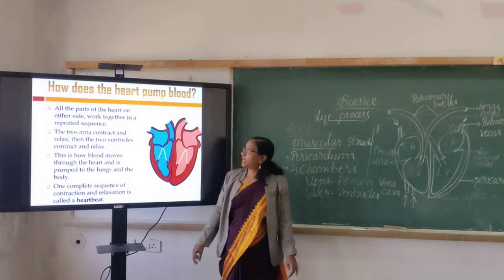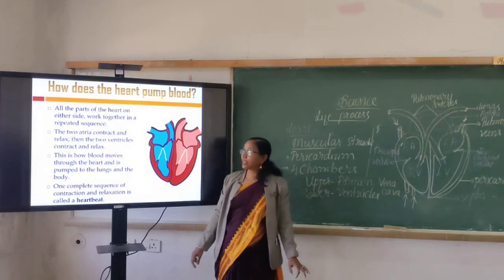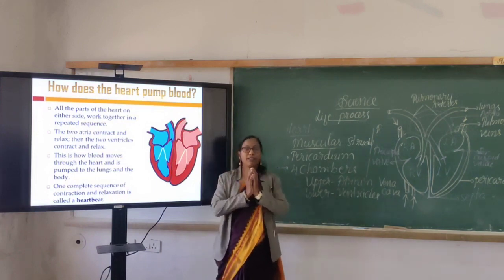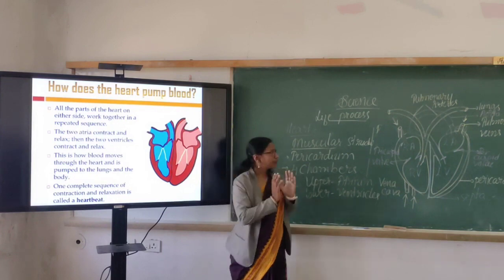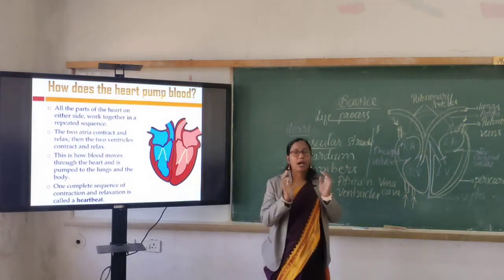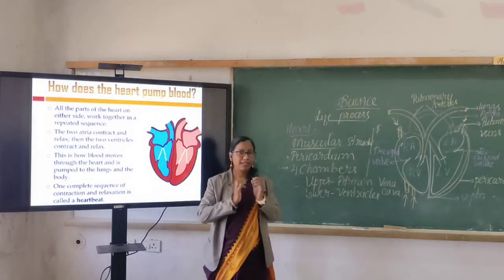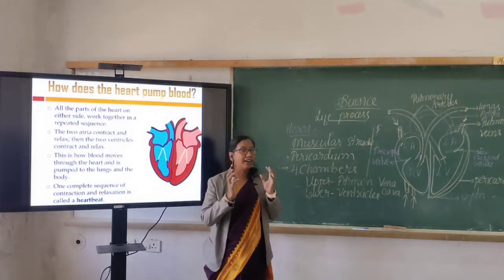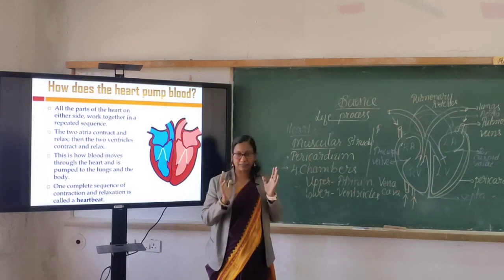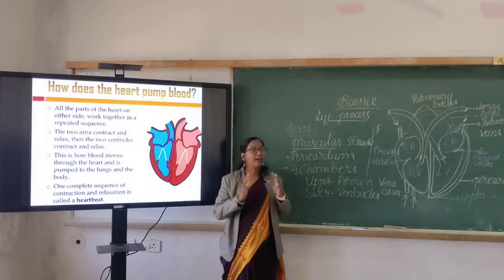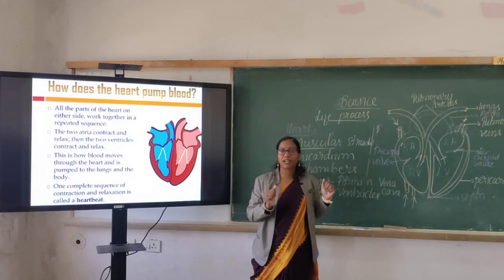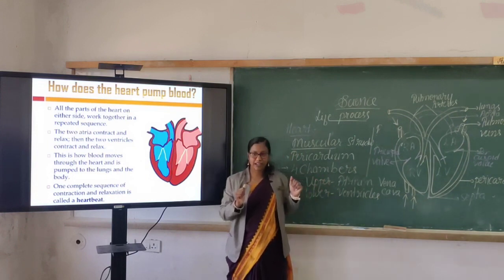So all parts of the heart on either side work together. Now let us understand how it works. So we all know the heart keeps rhythmically contracting and relaxing. The rhythmic contraction and relaxation of the heart is called the heartbeat.